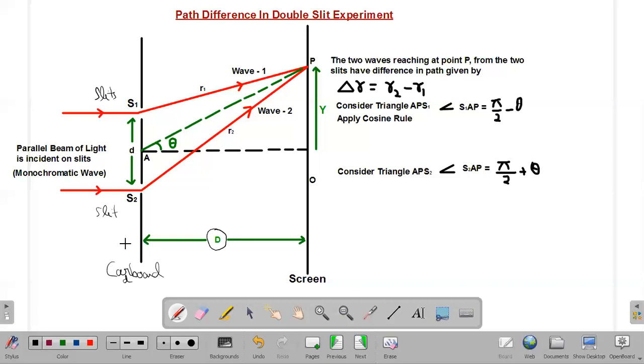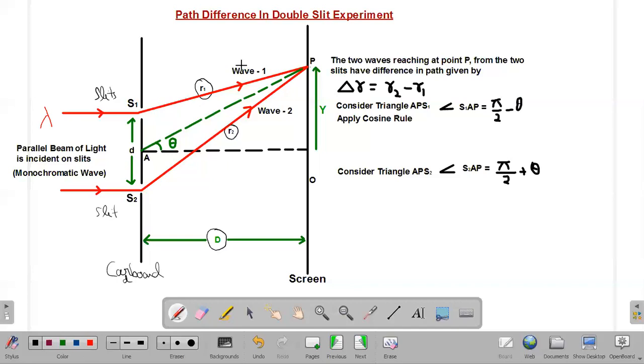Monochromatic parallel beam of light is incident on the slits. We assume that the wavelength of the incident wave is lambda, and the interference is being observed at point P. If we look, the path of the wave which is coming from slit S1 to the point P is denoted by R1, and the path of the wave which reaches the same point P from slit S2 has a path R2.